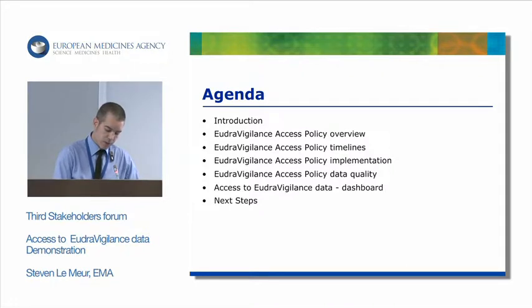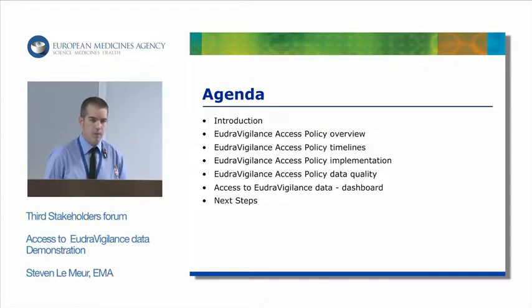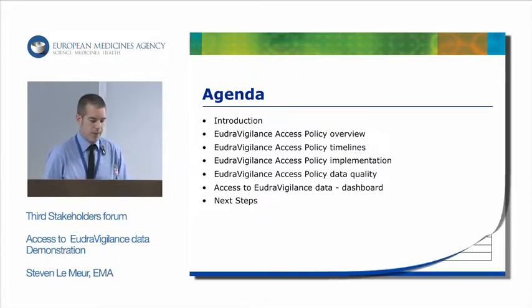It will not be on the full access policy, but on a specific part. We'll have a little discussion about data quality, which is quite important when you start publishing data from EudraVigilance. And finally, I will show you what we call the dashboard, which is just a set of reports to access those data.